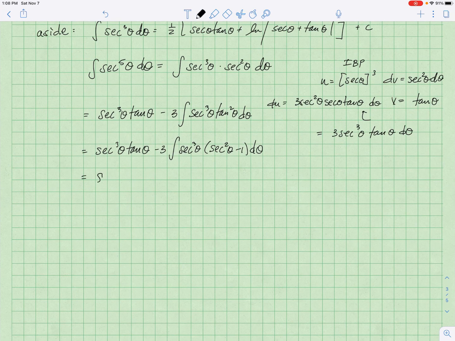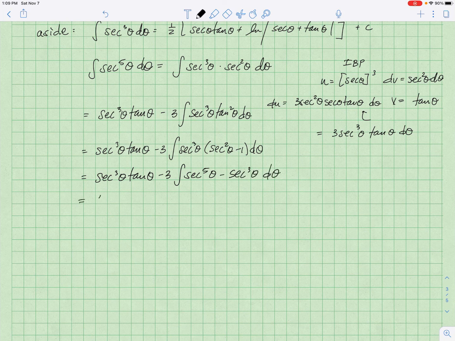Multiplying that out, that is secant cubed theta times the tangent of theta minus 3 times the integral of secant to the 5th theta minus secant cubed theta d theta.